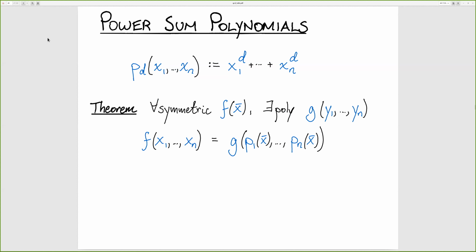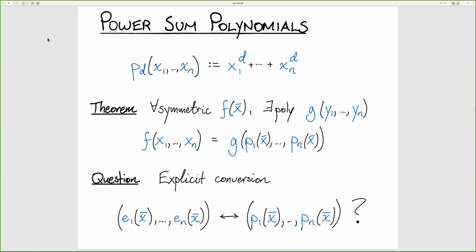And you have another theorem that says these are also foundational in the study of symmetric polynomials. Here, again, for every symmetric function f, I can find some polynomial g, not necessarily symmetric, so that f is g composed with these power sum polynomials. If you're familiar with this, it has some assumptions on the field. Let's not worry too much about that. But the point is, this hints that there's some kind of conversion that we can do between the elementary symmetric functions and the power sums.